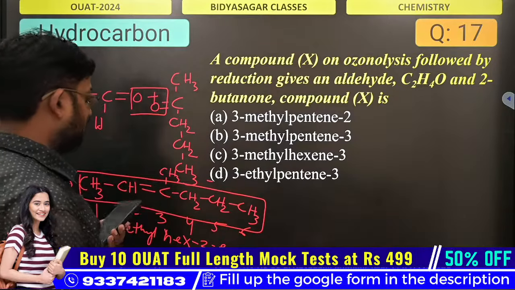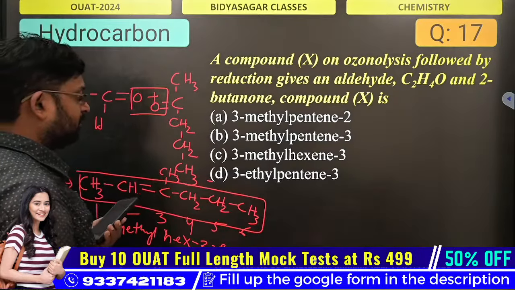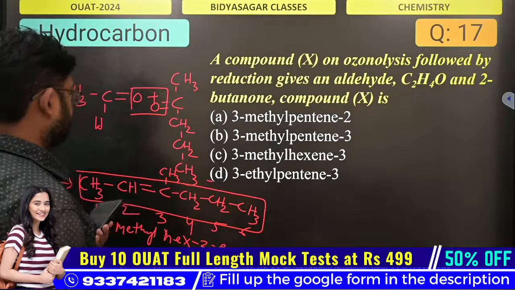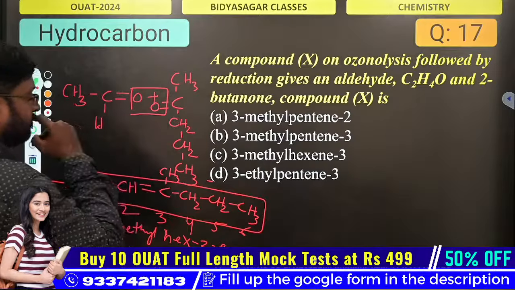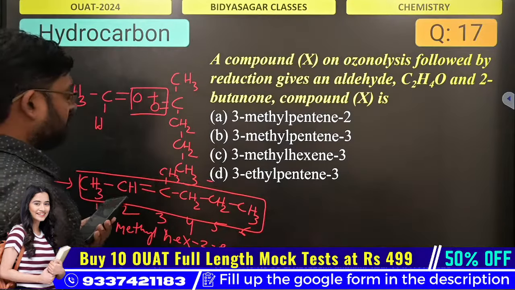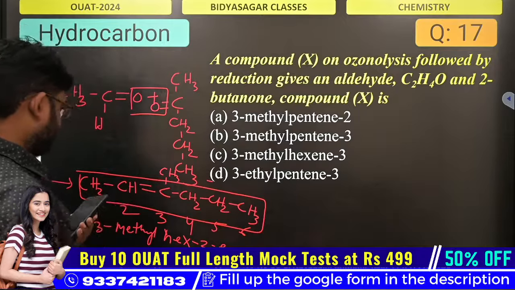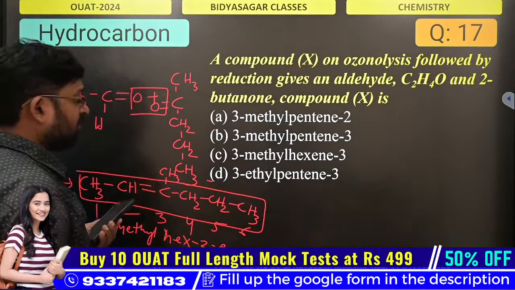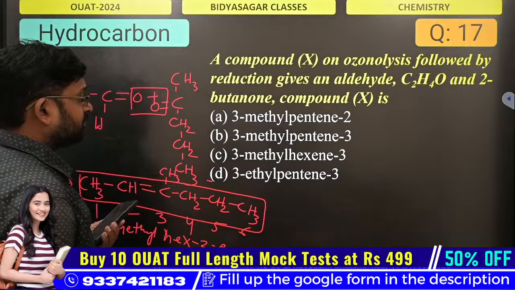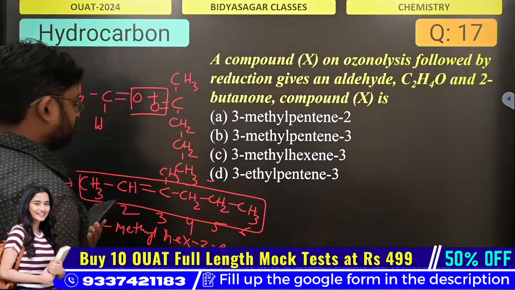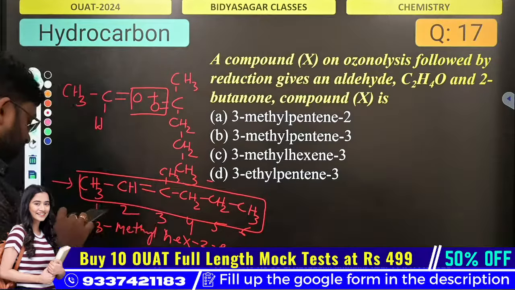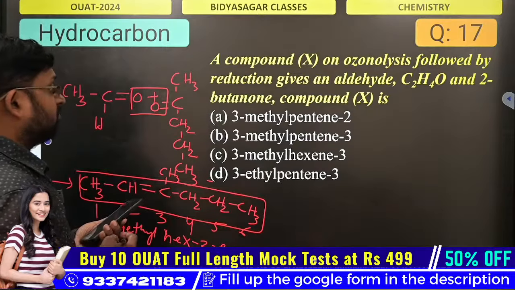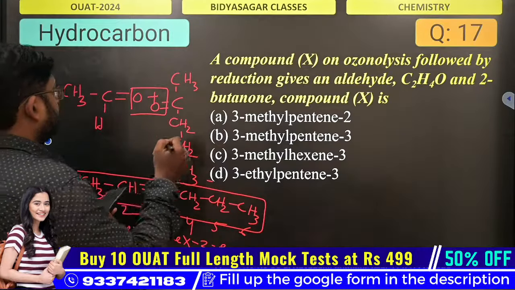So 3 methyl pentene, 2 hexene, 3 methyl. So the double bond should be, so right, 3 methyl pentene 2. Good.